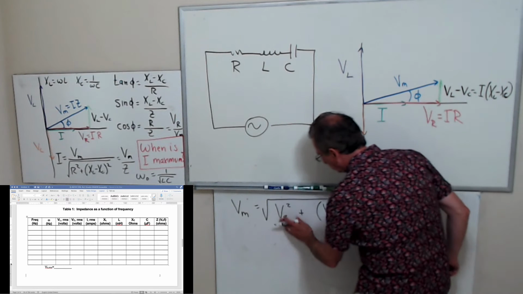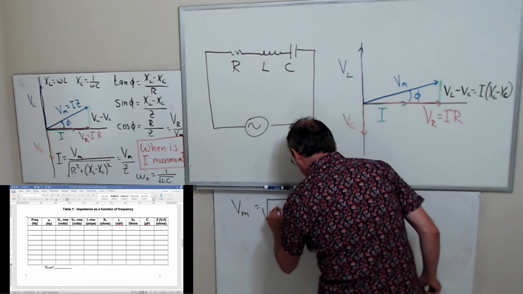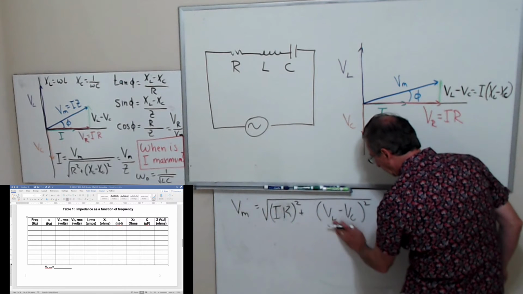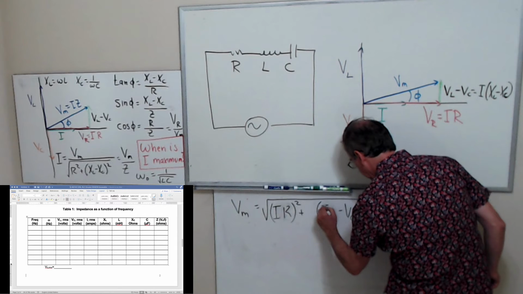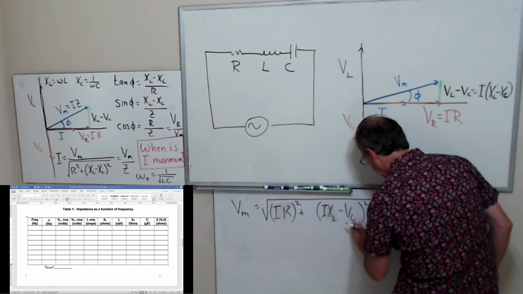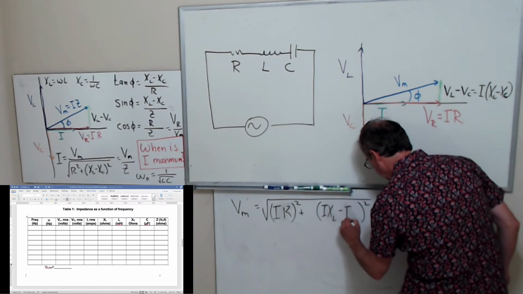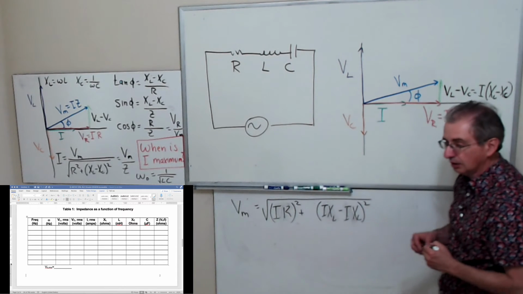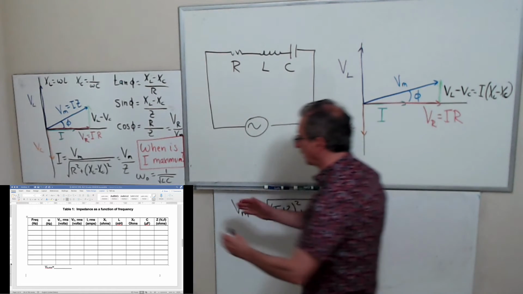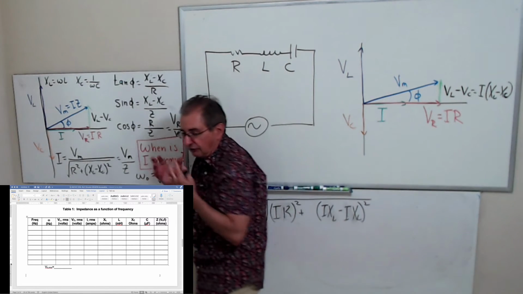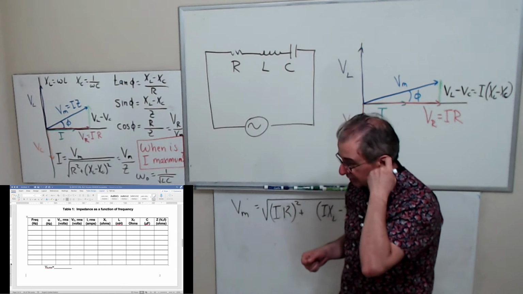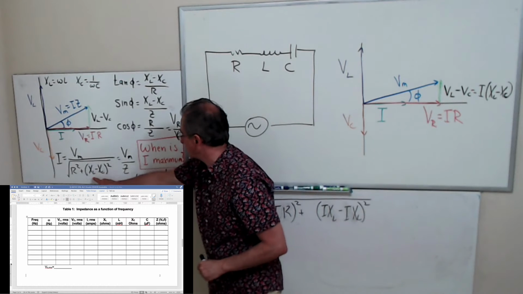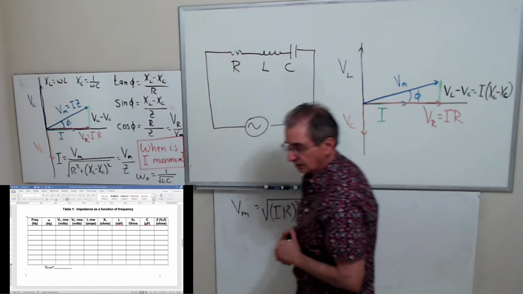But this is current times resistance squared, this is current times x sub L, and this is current times x sub C. And it's pretty obvious that I can factor out the I from everywhere. And when I factor out the I, I get this thing. So this is like the effective resistance of my circuit. It's called the impedance, because this thing depends on frequency. This denominator is frequency dependent because x sub L and x sub C are given by these expressions.